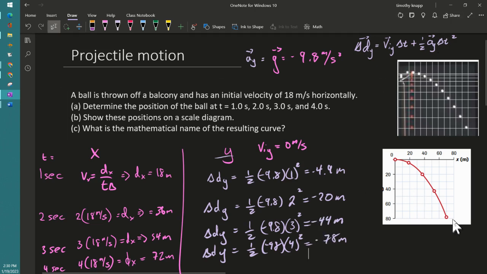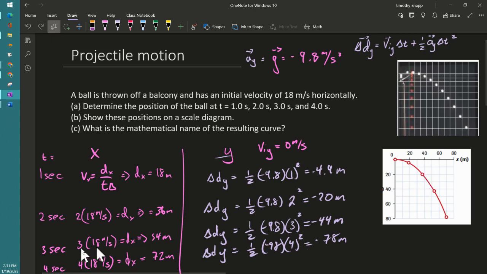So effectively, if you notice my graph here, look what ends up happening is at 1 second, it's moved forward 18 and down 4.9. So forward 18 and down 4.9. After 2 seconds has elapsed, it's moved forward 36 and down 20, so 36 and 20.